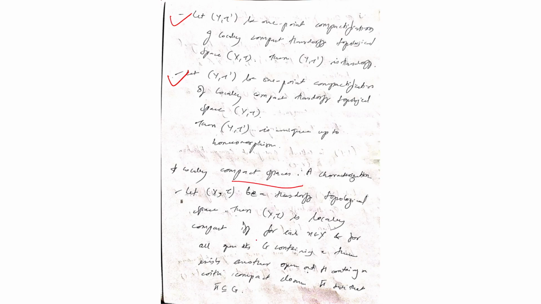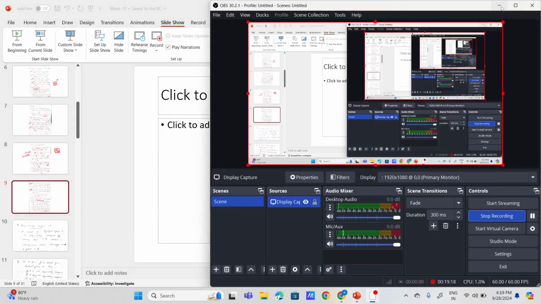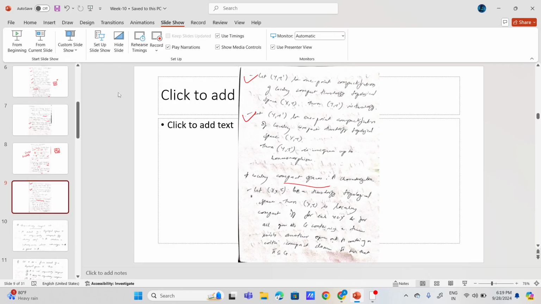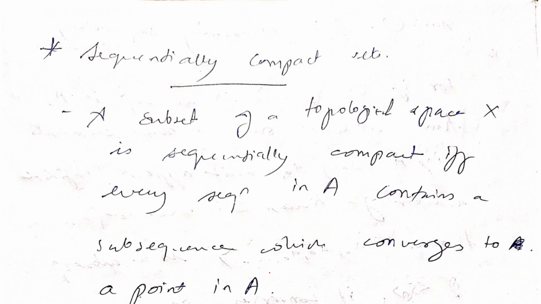Then X tau is locally compact if and only if for each x belongs to X, and for all open sets G containing x, there exists another open set H containing x with compact closure H bar such that H bar will be a subset of G. So such results have been discussed.